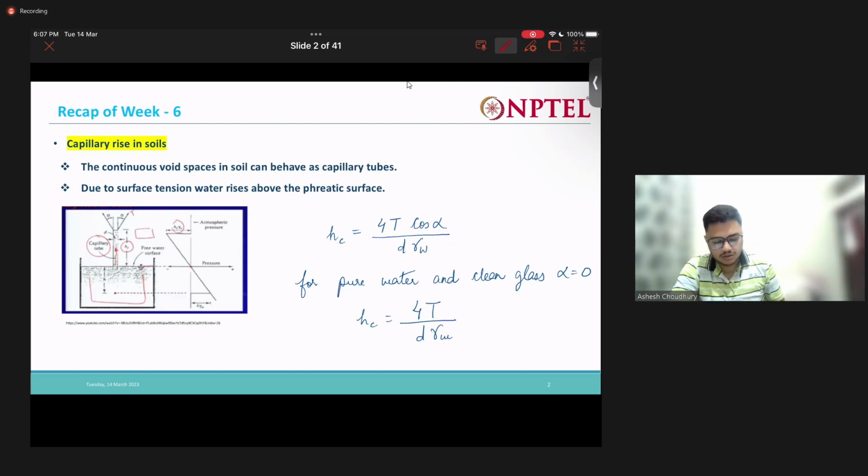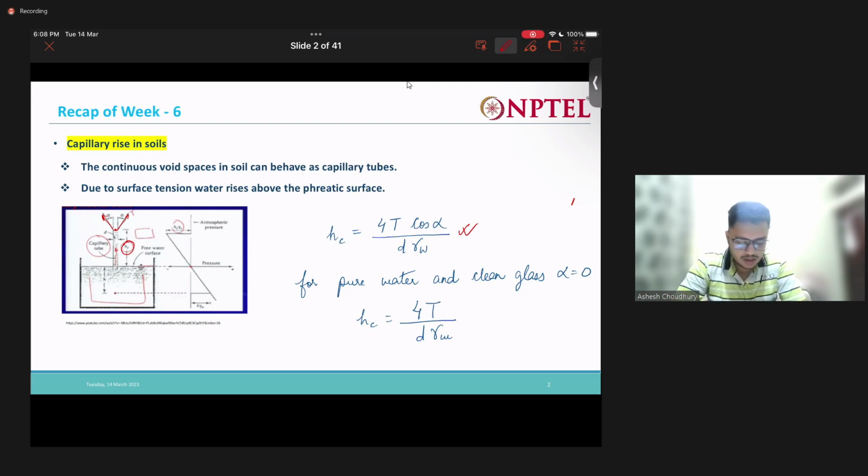If we equate the surface tension forces and the weight of the liquid at the interface, we can find the height up to which the water will rise. It is given by 4T cos alpha divided by d gamma w, where T is the surface tension.